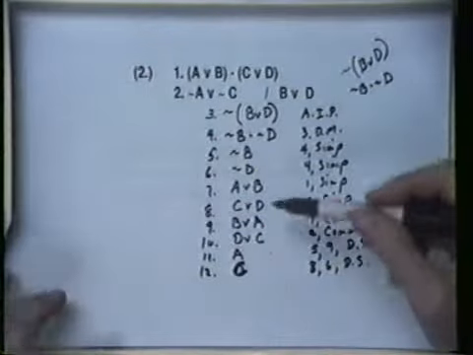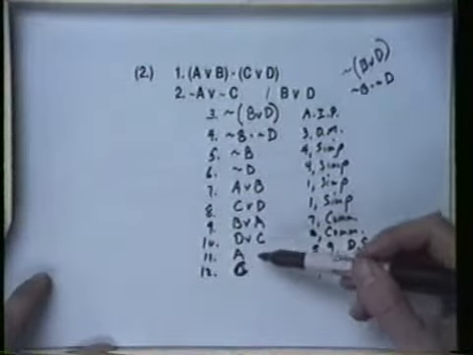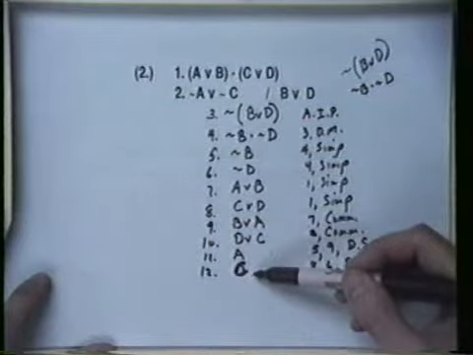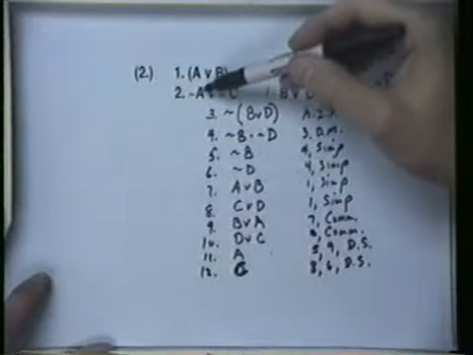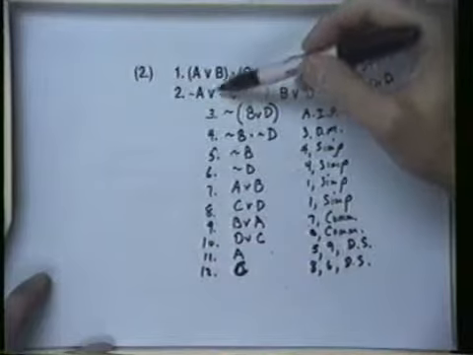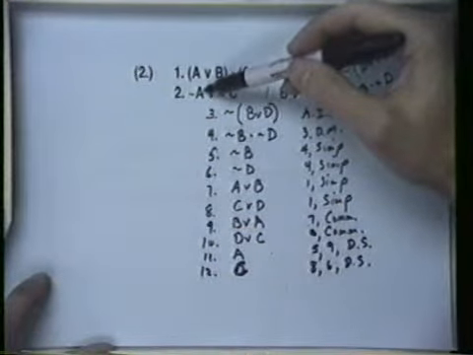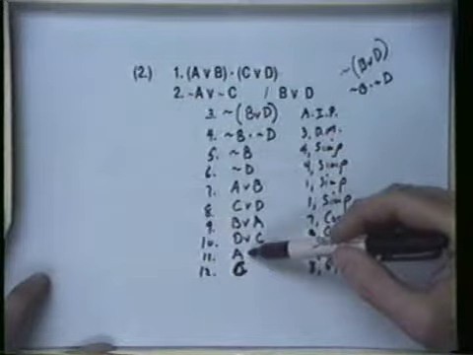Okay, now where are we? All of that was a bunch of cleanup steps, really, to get down here to some information that we can use. Well, where we are, of course, if you look at 2 here, is that we have the negation of the first disjunct of 2. That's line 11.